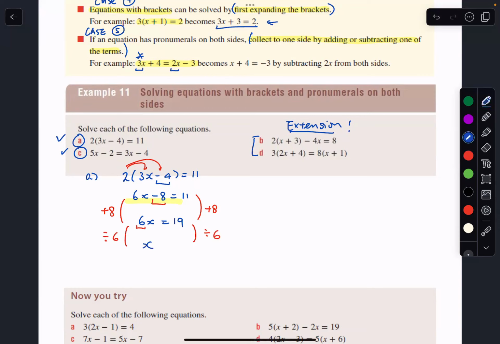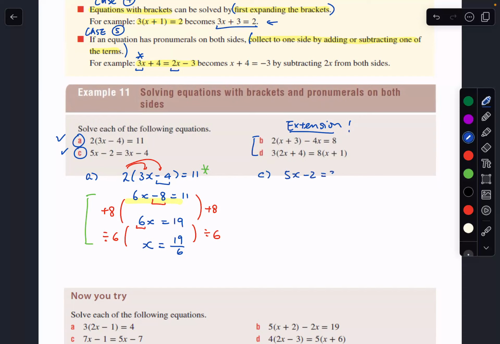So we have x equals 19 over 6. Compared to case 1, we just need to do one more step, which is expanding the bracket. After that, we can follow what we learned from last lesson to solve it.